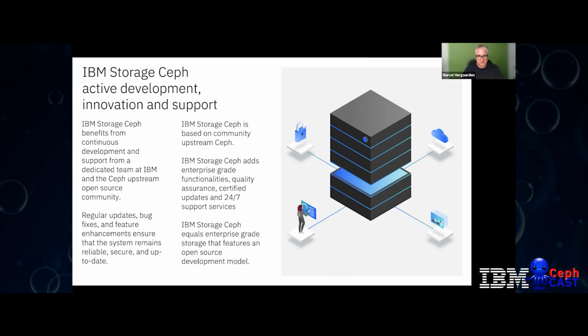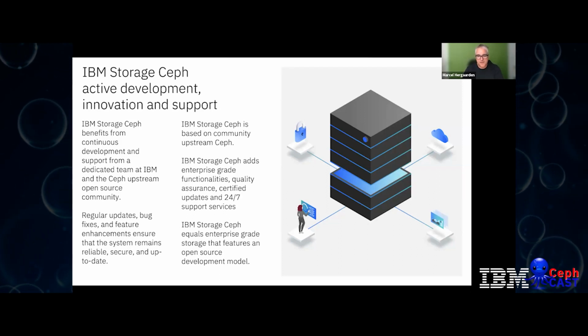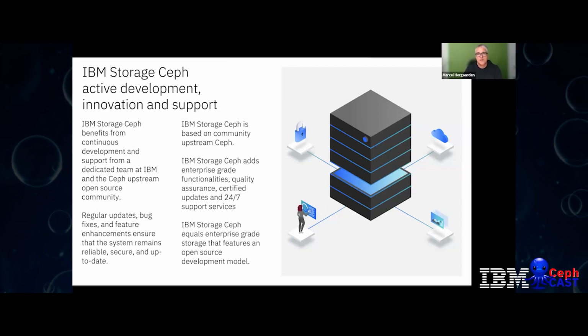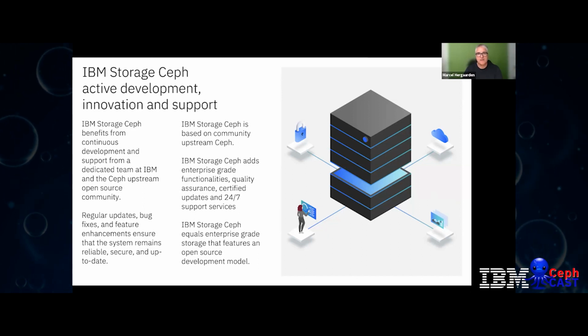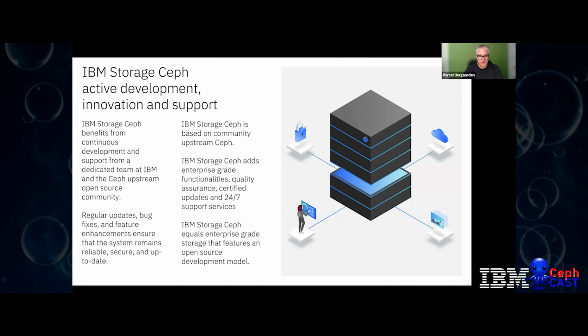That depends on whoever is available, but IBM offers this as an enterprise service and makes it consumable for enterprises who need the stability of a solid release. And this is what IBM Storage Ceph actually delivers.